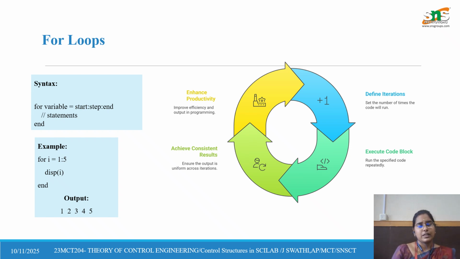Now I am giving for variable is equal to start, step, and end. We have three stages: start, end, and the step in between. So I am giving here for i is equal to 1 to 5. The starting number is 1, 5 is the ending number, display of i. So what happens? It displays from 1 to 5. It is very simple, right?